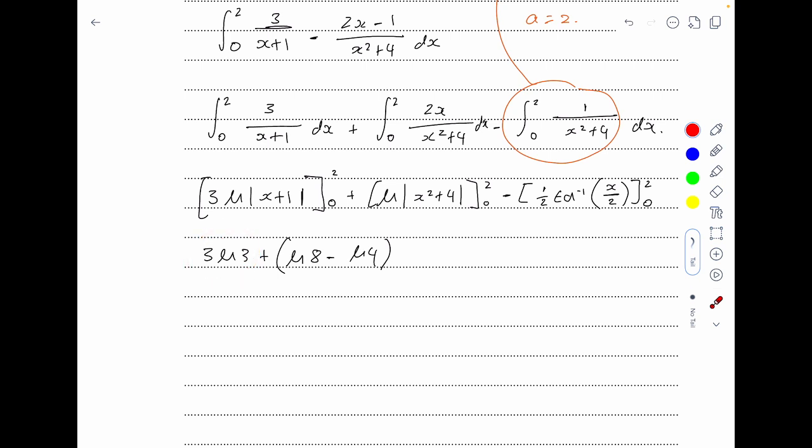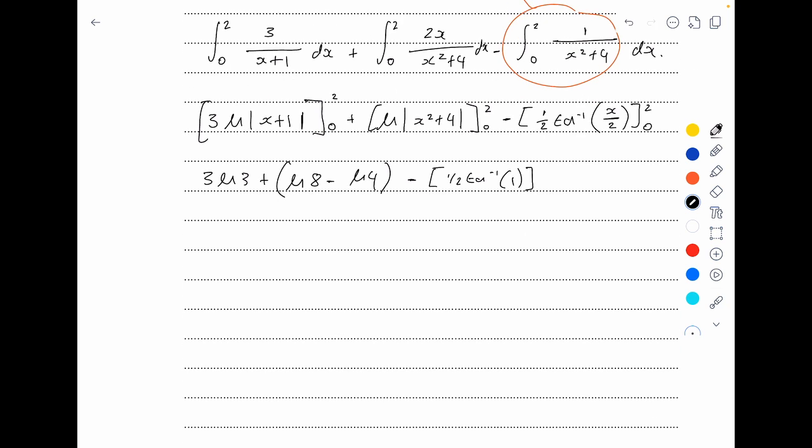Because ln 1 is equal to 0, right? Which is why we only get ln 3. And over here we're going to minus half tan x over 2. Sorry, half tan of 1. Okay, and we can plug in 0 as x. This gives us nothing, so we leave that.